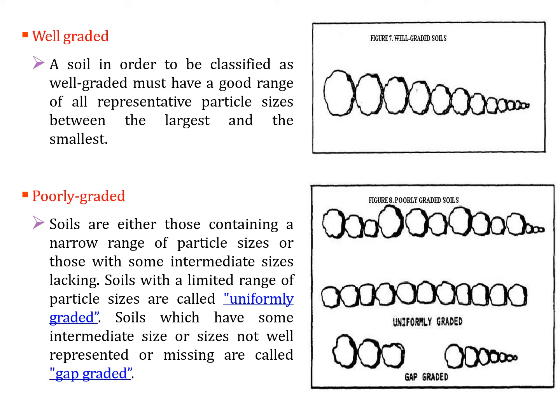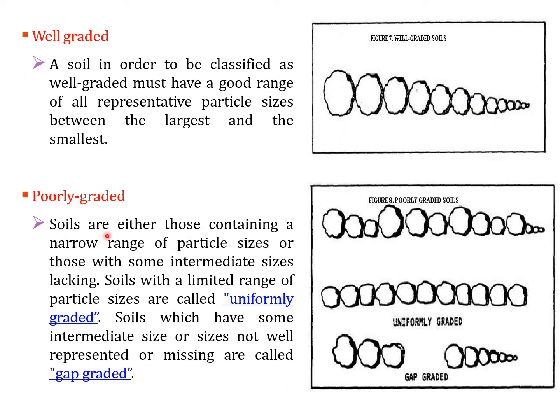Alright, this one is well graded and poorly graded, and how we classify it as poorly graded or well graded. For a soil to be classified as well graded, it must have a good range of all representative particle sizes between the largest and the smallest. Look at that, this one is well graded from the largest to the smallest.